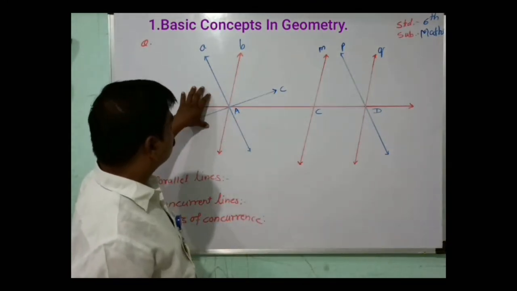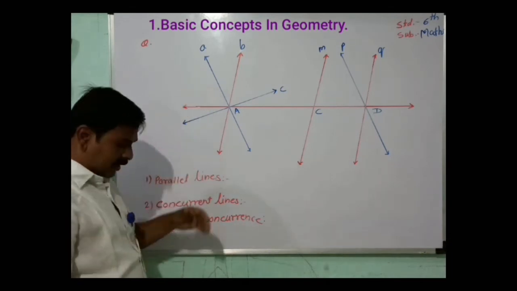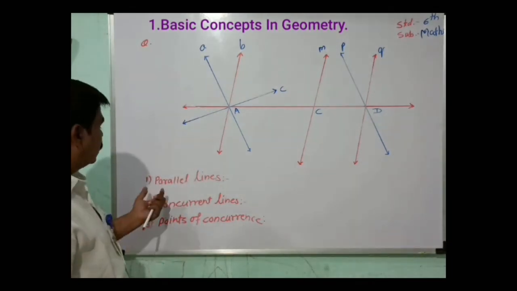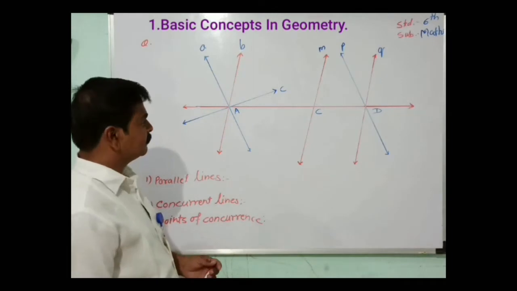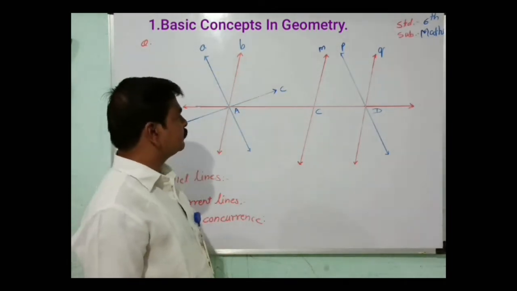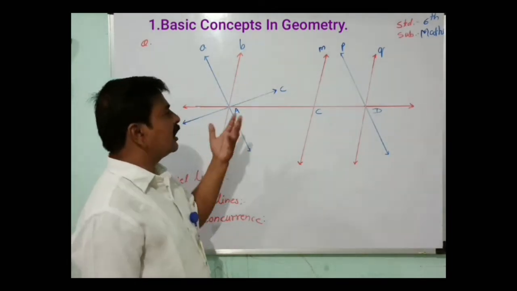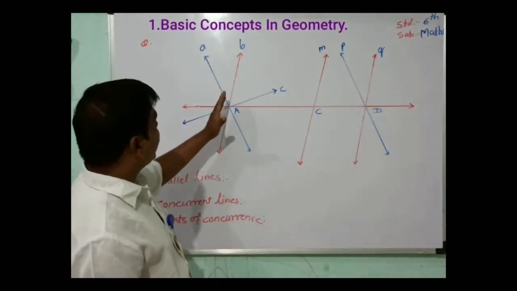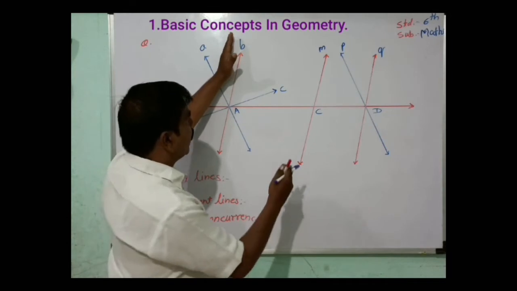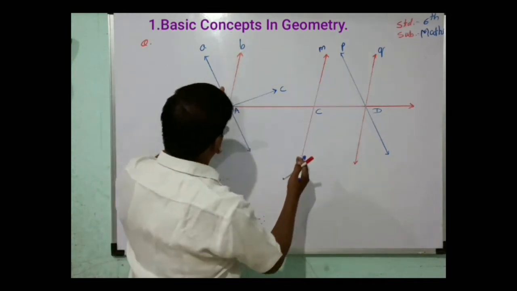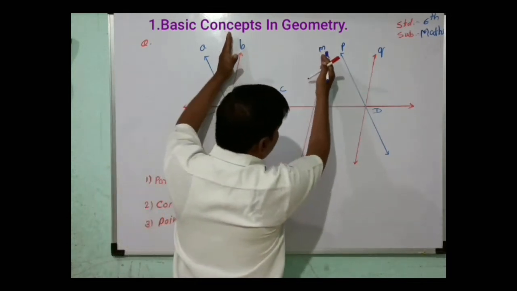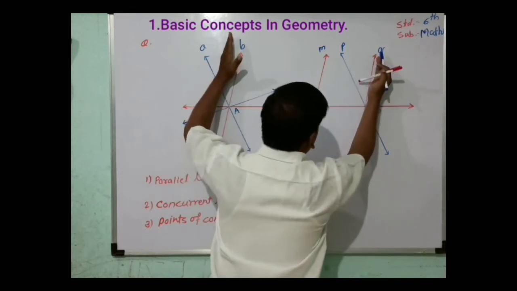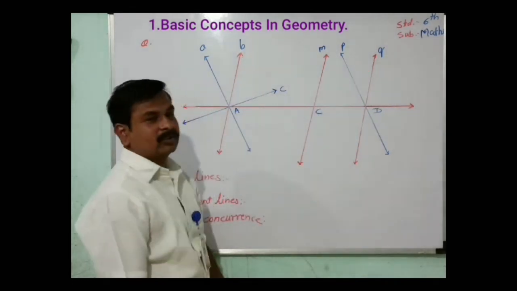Now first we have to write names of parallel lines. Here, which lines are parallel? Line B, line M and line Q, these 3 lines are parallel to each other.